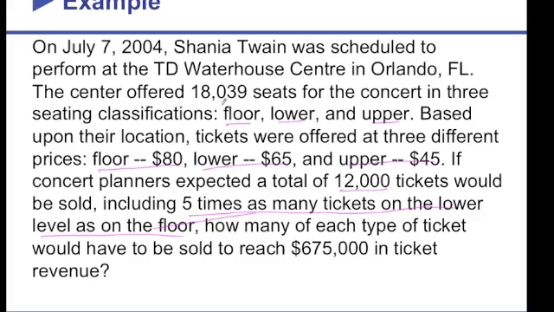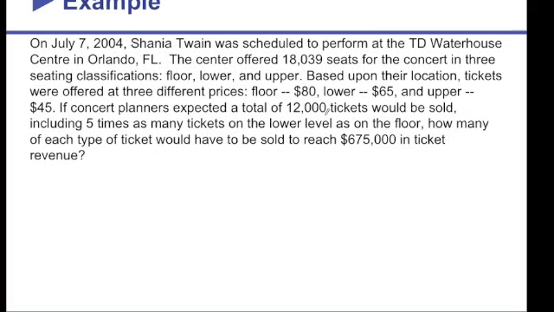I thought it was interesting. We're only going to sell about 2/3 of the seats, 12,000 total tickets to be sold. So let's let the floor tickets be X, the lower tickets be Y, and the upper tickets be Z. So X plus Y plus Z will equal the 12,000. Now, we know we want a total of $675,000, and so we can use that.